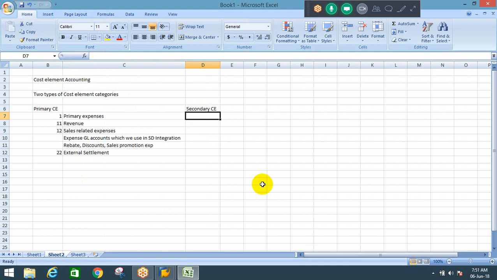What is secondary cost elements? So we are getting all expenditure from different modules, from FI module to CO. So we maintain primary cost element categories. If you want to flow the values, we will maintain the cost element category and we will bring the values. But what is secondary cost elements? Why do we need secondary cost element? It is to transfer the cost within CO module.